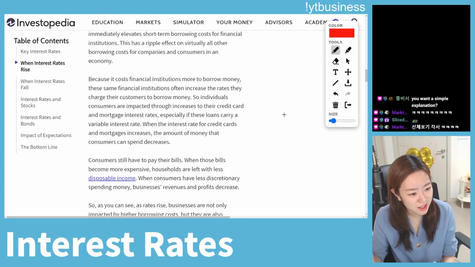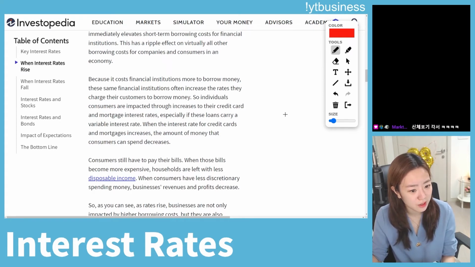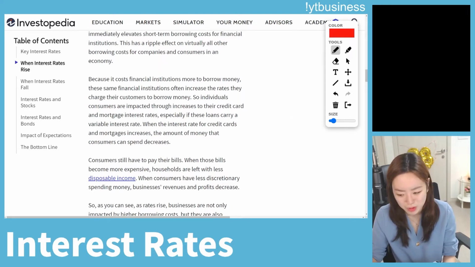Because it costs financial institutions more to borrow money, these same financial institutions often increase the rate they charge their consumers to borrow money. So they're increasing to get more money because it costs financial institutions more to borrow money. Why is everything related to money, guys?